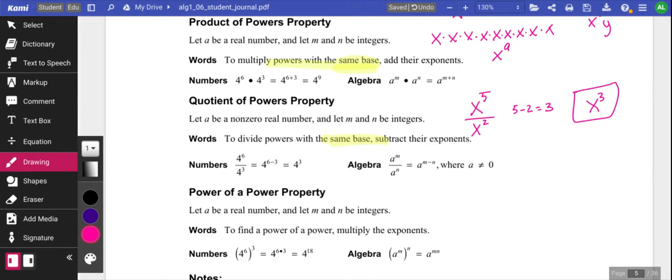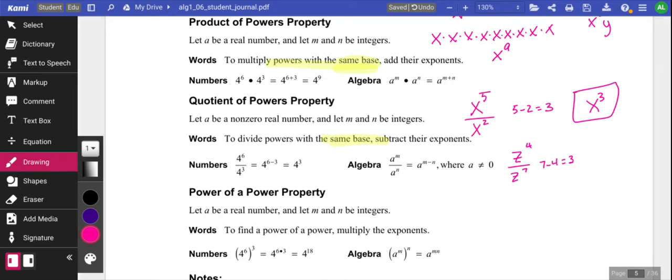Since that's where the higher exponent was, you can think of that x cubed like it's the top of a fraction. If I gave you something like z to the 4th over z to the 7th, I'm still going to subtract. Okay, I'm still going to think of, okay, 7 minus 4, that's 3. I didn't mean for them both to be 3.